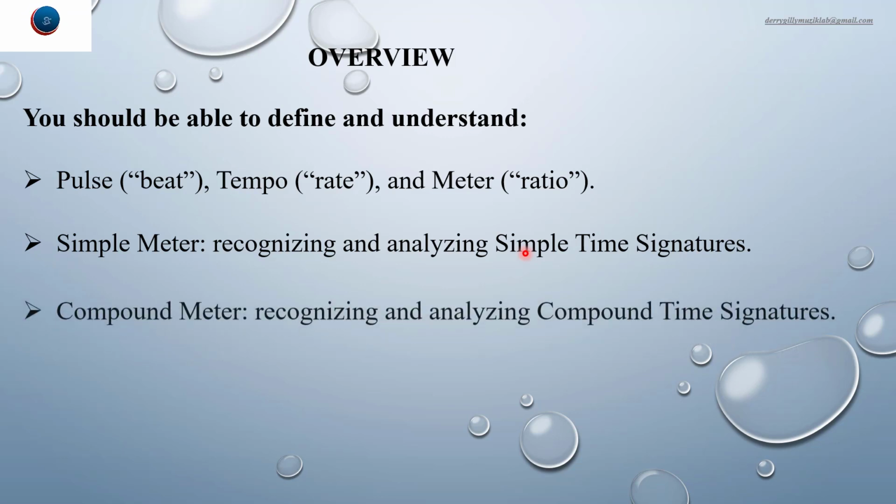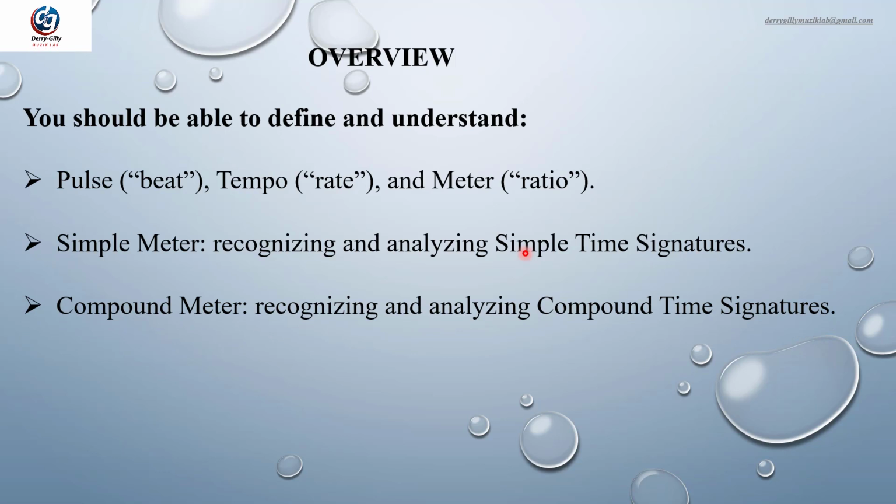You should also be able to understand compound meter and recognize and analyze them in a time signature. Okay, so what a simple meter means and a compound meter means, you should be able to understand how they work.